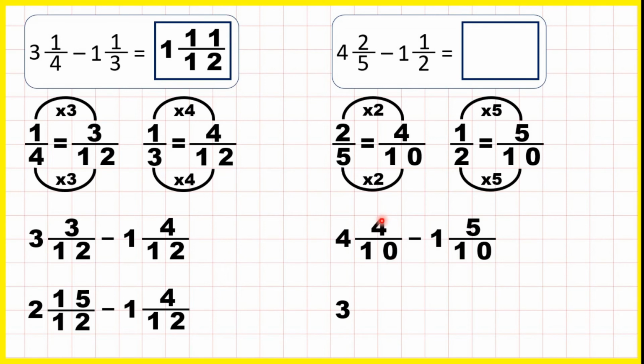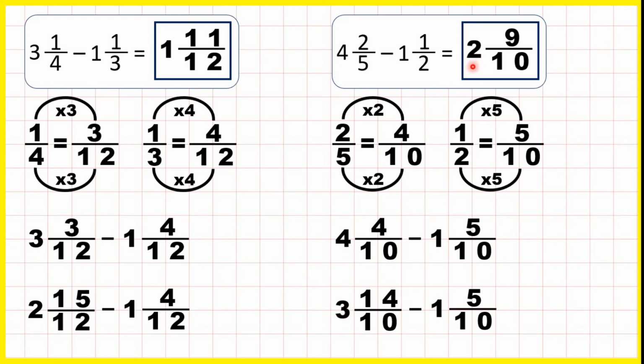So 10 plus 4 is 14, so we can write 3 and 14/10 instead of 4 and 4/10. We're still subtracting 1 and 5/10, so we can start by subtracting our fractions. 14/10 minus 5/10 is 9/10, and then we subtract our whole numbers. 3 minus 1 is 2, so our answer is 2 and 9/10.